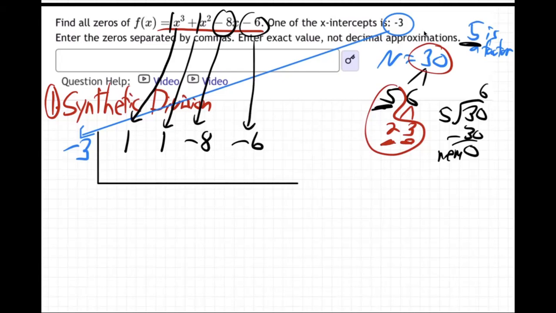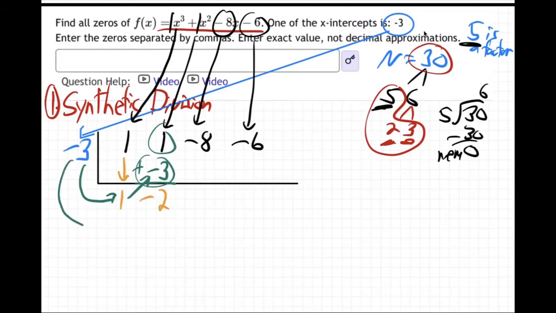This is why it's called fake division. We're not writing the x's, we're just doing the numbers. It's shortcut division. Okay, remember how synthetic division works? You bring down this number, and then you go -3 times that. You write it right there, it's -3. And then you add these up. 1 and -3 is -2.